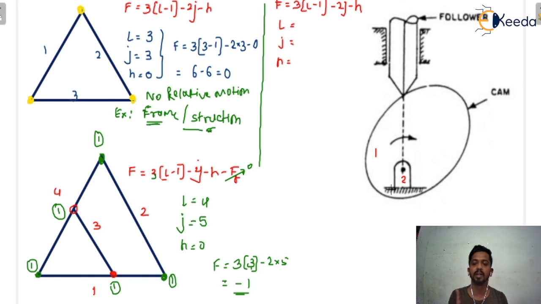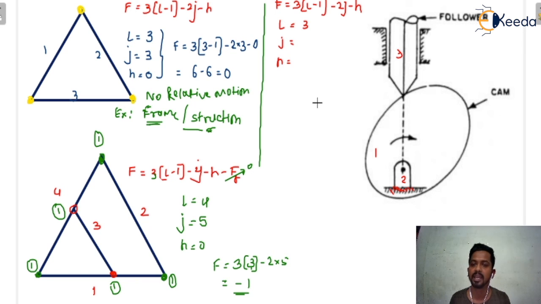If you have calculated the fixed link once, don't calculate twice, thrice. So that is one, that is the second link, and that third is the cam, sorry, the follower. How many links are there? That is 3 links.